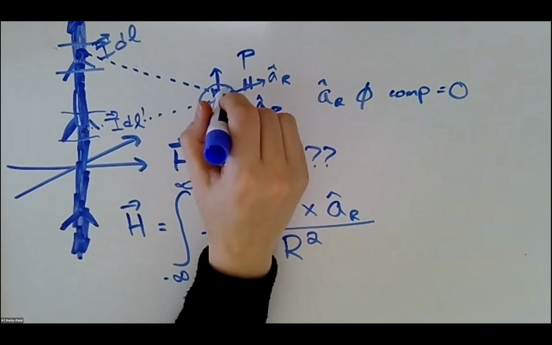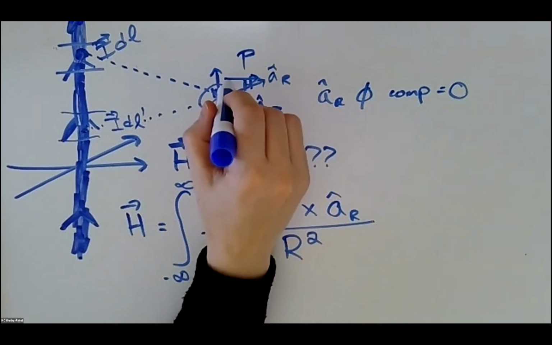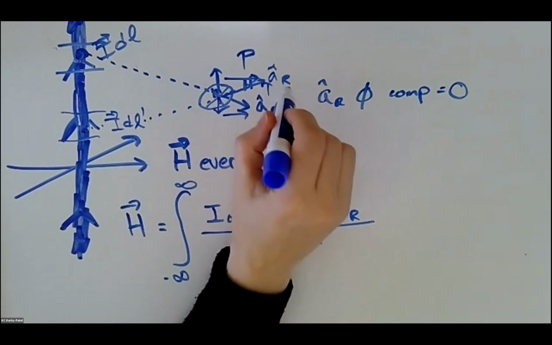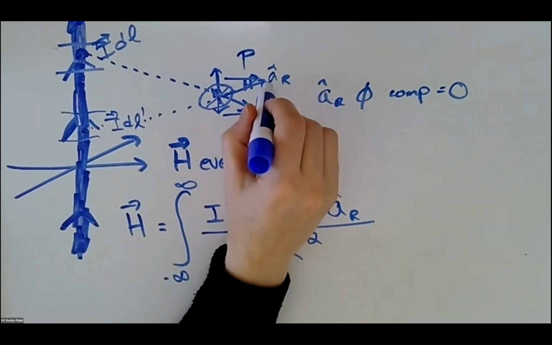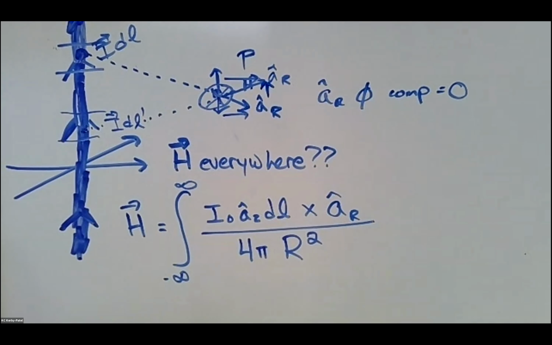Same thing up here, only the rho component counts. The z component of this other a hat r also doesn't count. So this is less of different components of my current distribution's contribution canceling, and more of just the cross products not producing anything there.